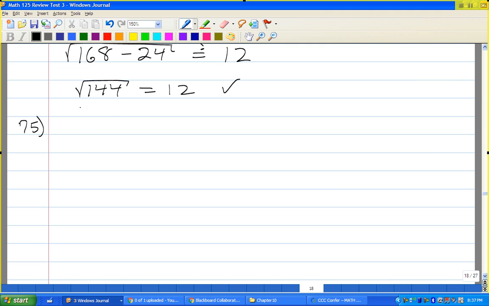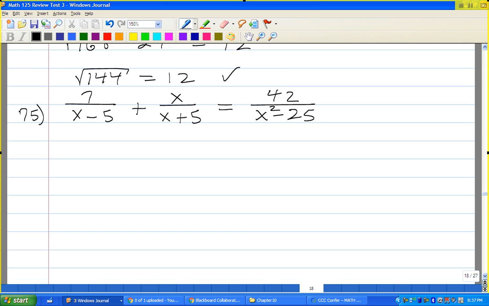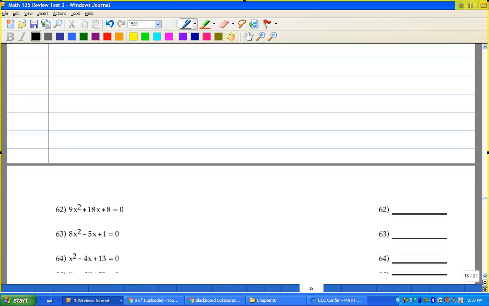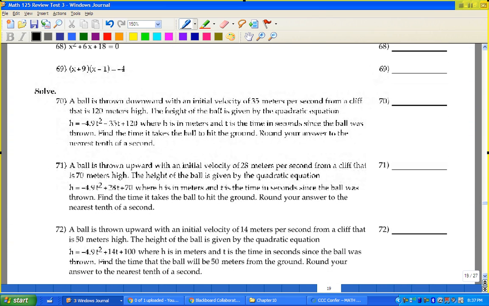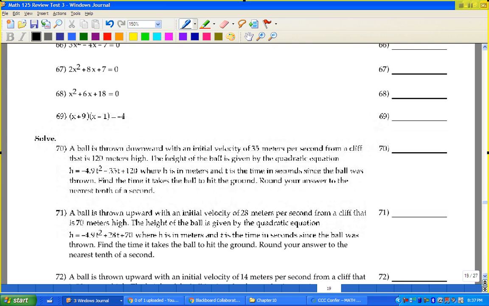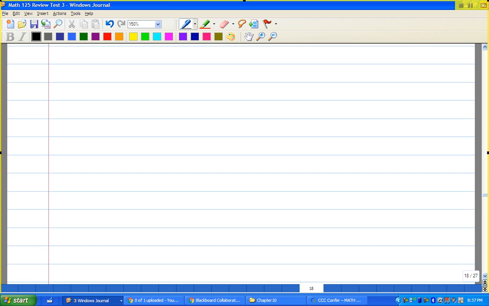So 7 over x minus 5, x over x plus 5, they can't both be x minus 5s. That's got to be that way. Equals 42 over x squared minus 25. Okay, so let's solve this.